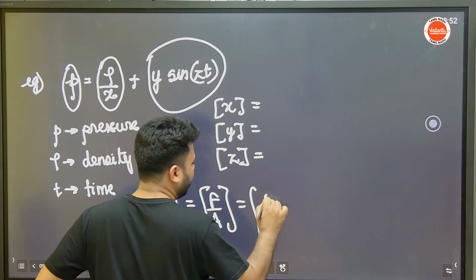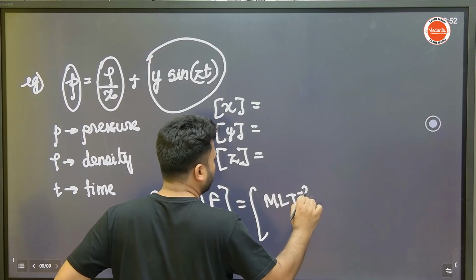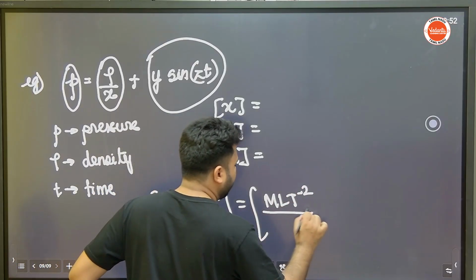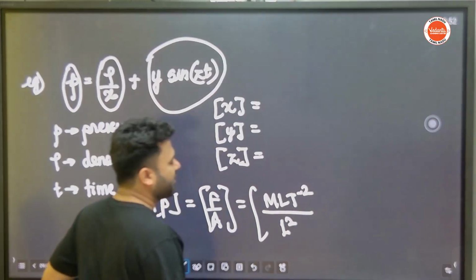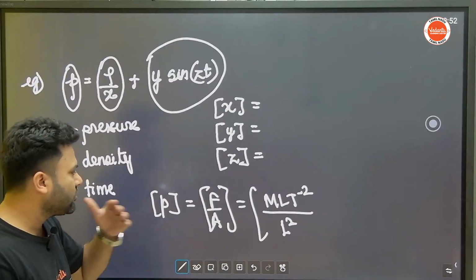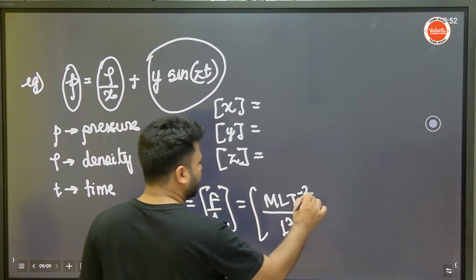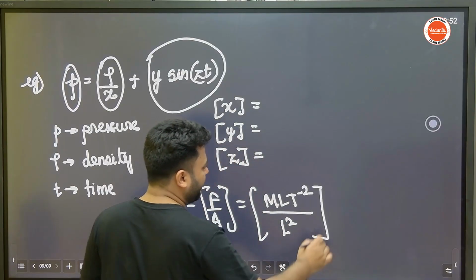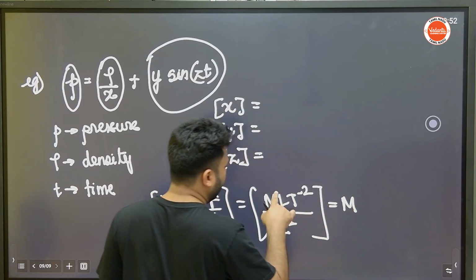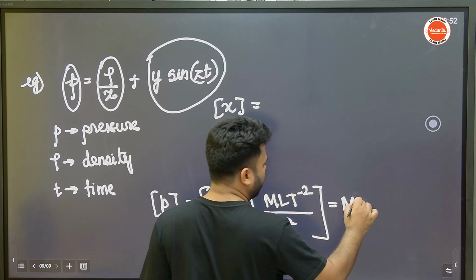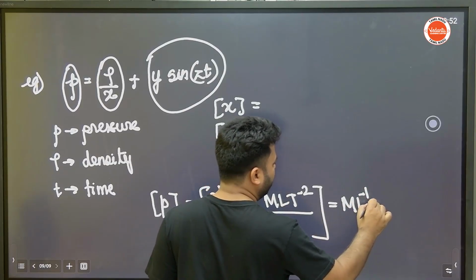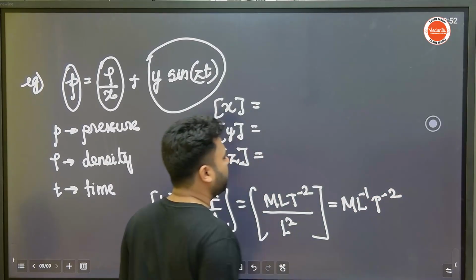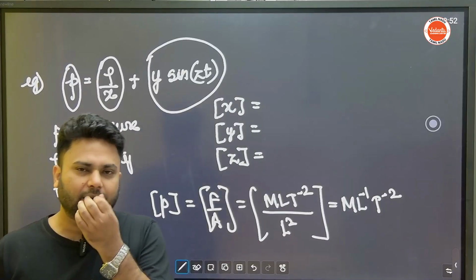I told you the dimension is MLT minus 2, divided by area. Area will be length square. So this was the dimension of pressure. So finally, M L to the power 1 minus 2, that is minus 1, and T minus 2. This is the dimension of pressure. Correct?